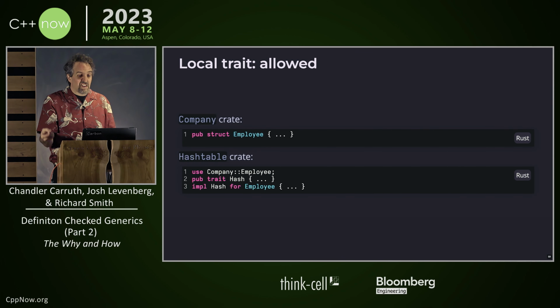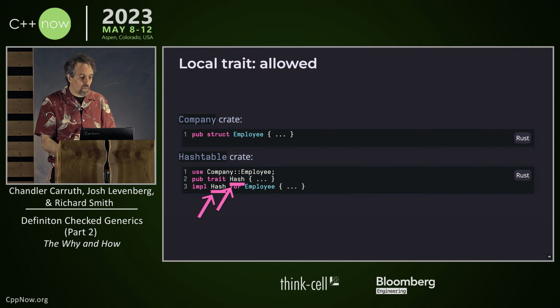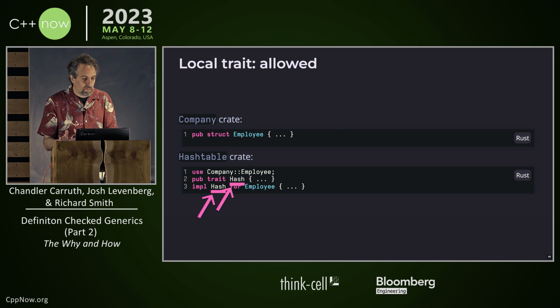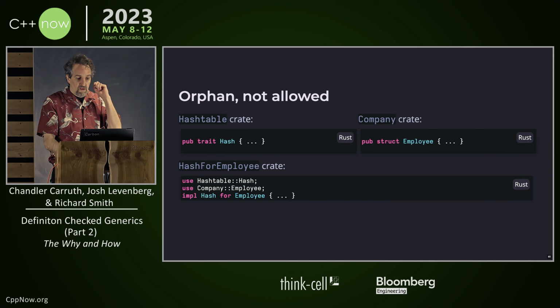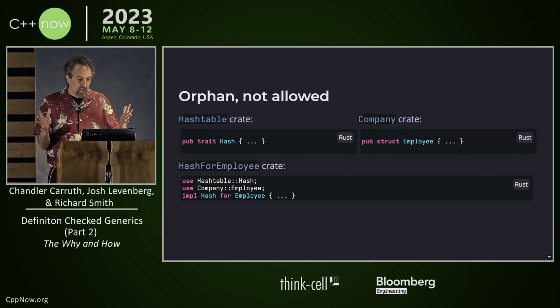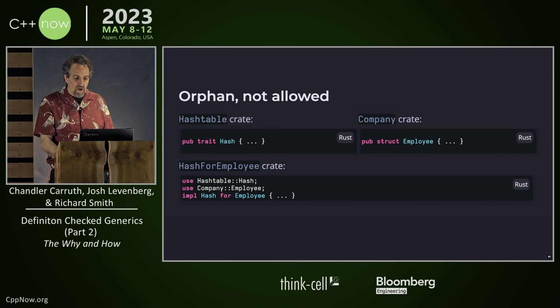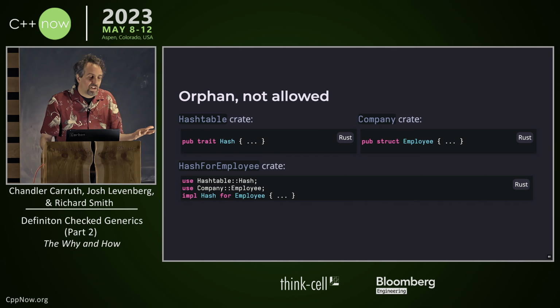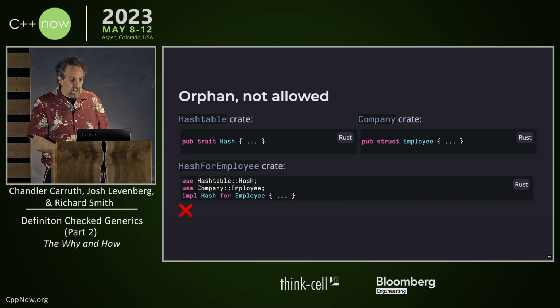If the dependency is in the other direction, then you can have an implementation with a local trait. But if we have three crates, an independent crate, you can't have an implementation in that separate crate. That is not allowed.